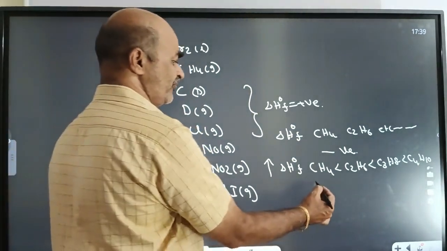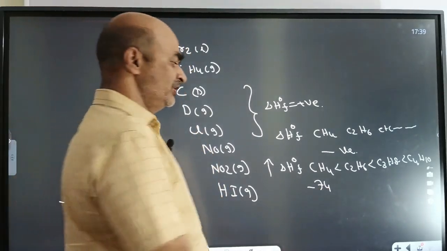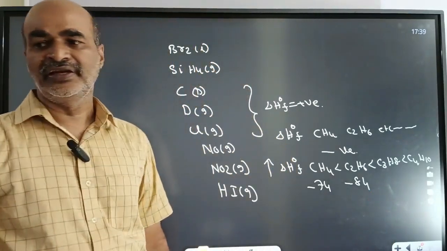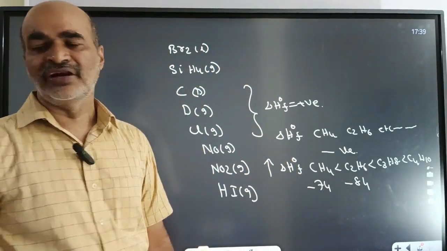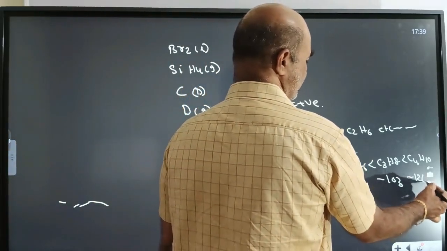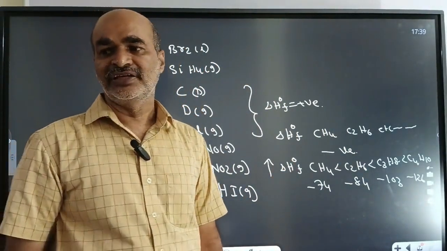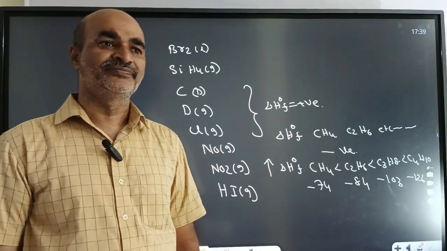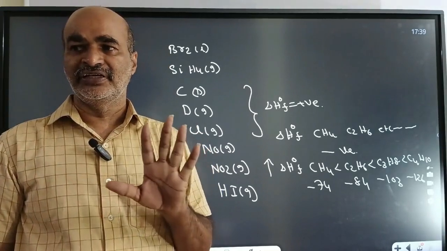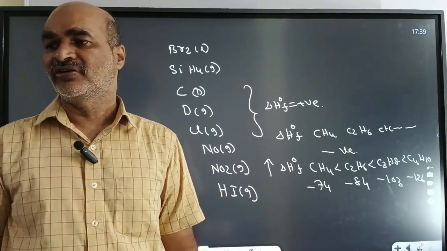This is minus 74, minus 84, minus 103, and minus 126. The negative sign only indicates the release of heat energy during the formation of the compound.